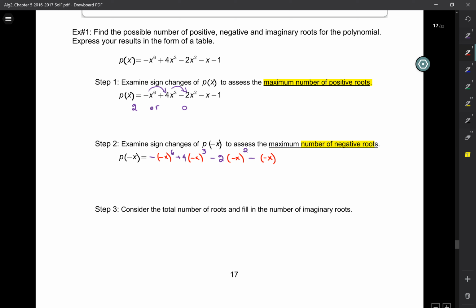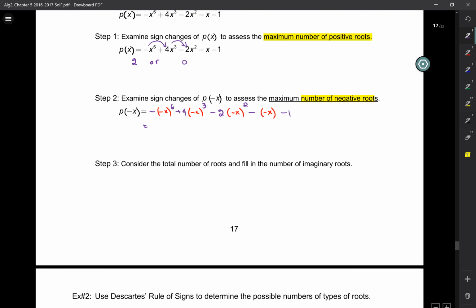I'm only going to do it in this much detail this one time, because now we're going to figure out how to do it quickly. Is the first term going to end up positive or negative at the end of the day? The red one will be positive, but there is a purple negative out front, so it's negative x to the 6.